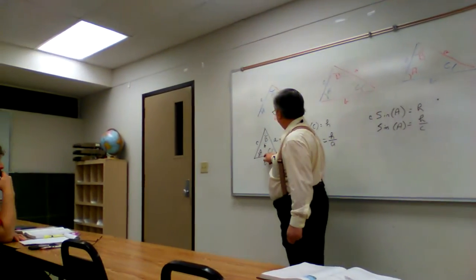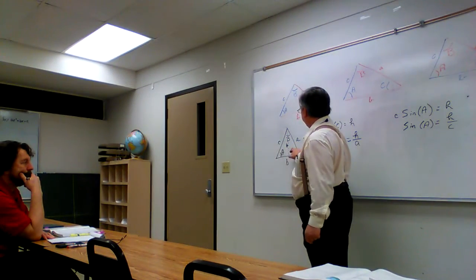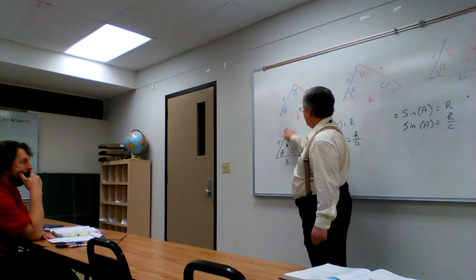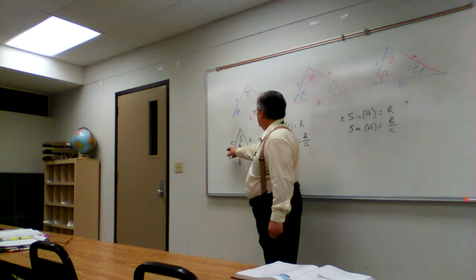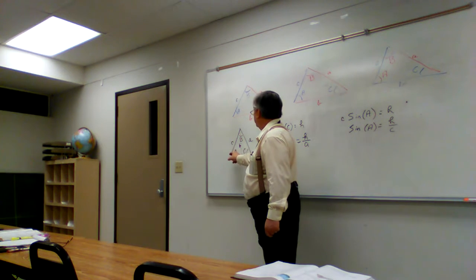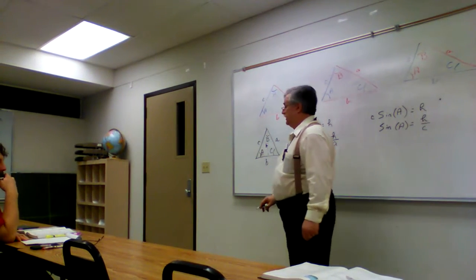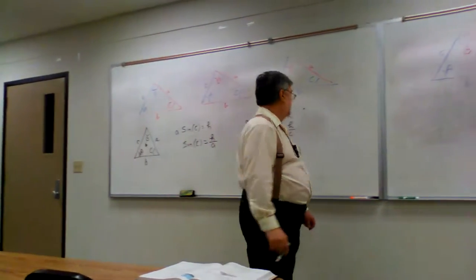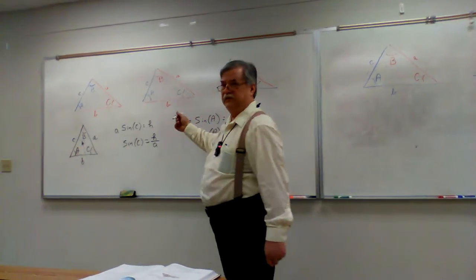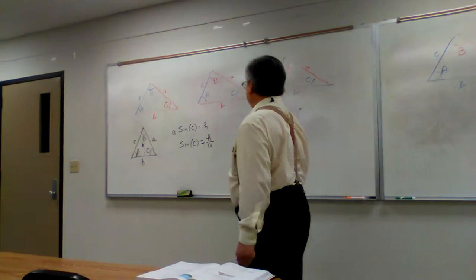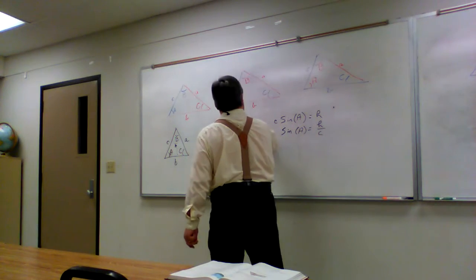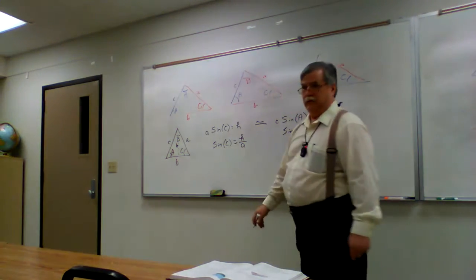This hypotenuse of this right triangle times the sine of this angle gives you the height h, the opposite side. Same over here. C times sine of this angle gives you the same height, h, which means we can set both of these equal to each other because these are both equal to h.